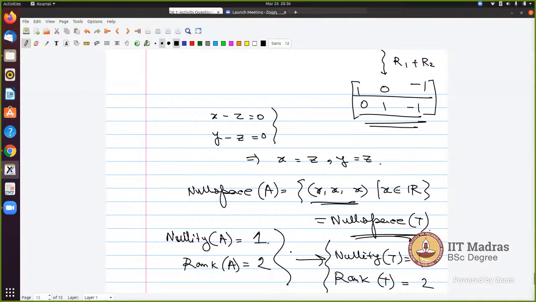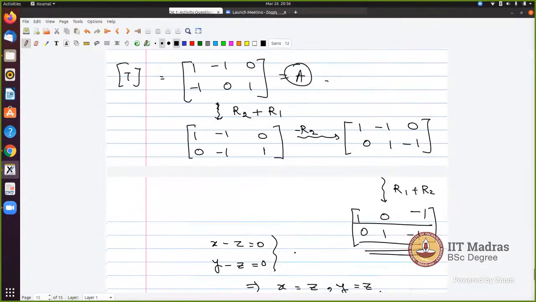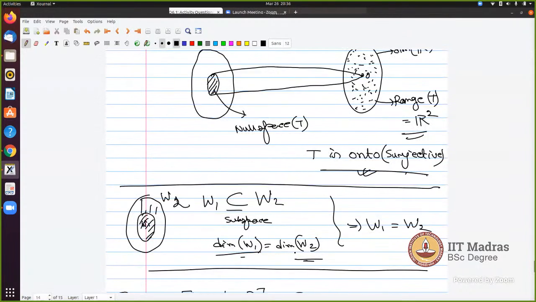What does that mean? We have the null space of the matrix. We have to multiply each element of the null space of the matrix with the basis of the domain. The null space of the matrix and the null space of the linear transformation are the same. That is what I said.